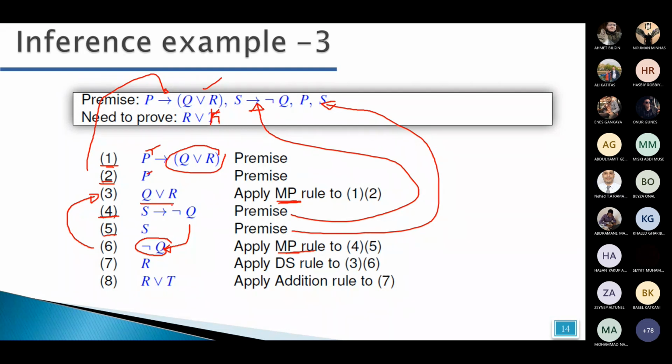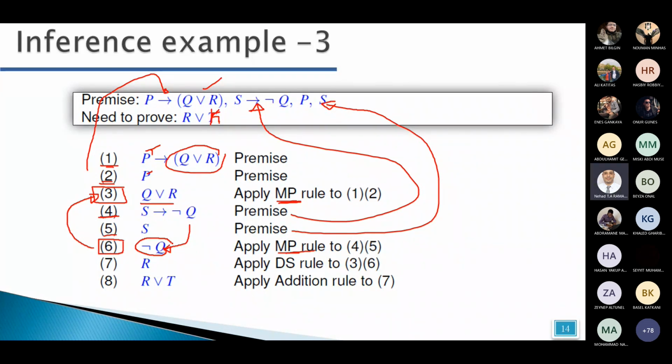From statements 1 and 2, we get 3, yes? From 4 and 5, we get 6. Now we need to connect 3 with 6.